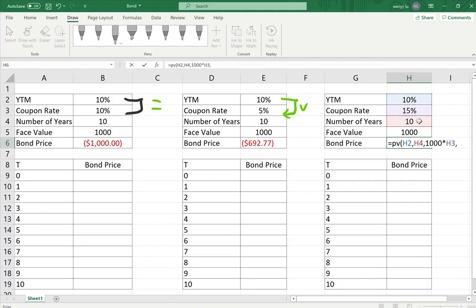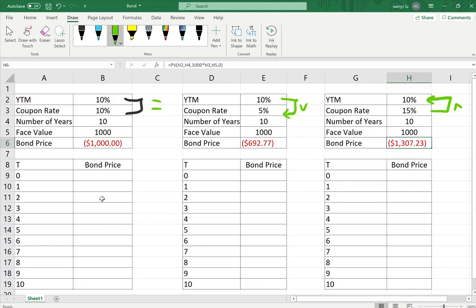The future value is 1,000, and the type is 0. You can see the price of the bond is more than the face value, so the bond is trading at a premium. This case applies when the coupon rate is more than the yield to maturity.